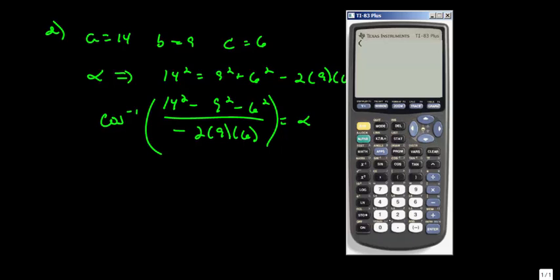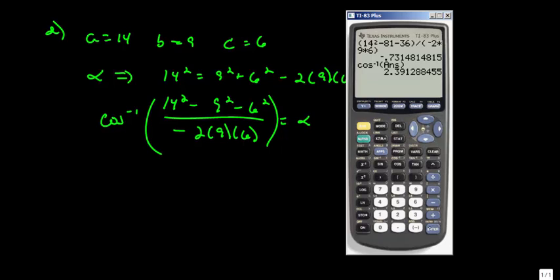So we've got 14 squared minus 81 minus 36 divided by negative 2 times 9 times 6. And now I need to take the arc cosine of that value.